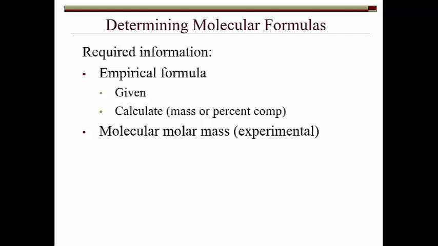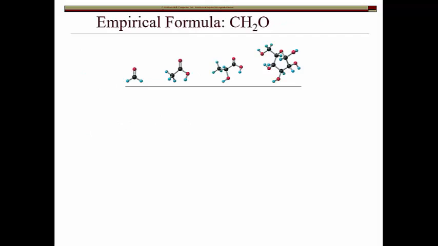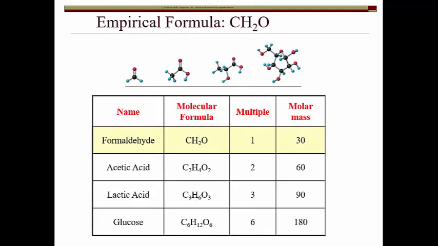Now let's see what the relationship is between the empirical formulas and the molecular molar masses. Back to our compounds again that we had before. You'll notice that for formaldehyde, its actual molecular formula is CH2O, which is also the empirical formula, and its molar mass is 30. If we multiply our empirical formula by 2 to get acetic acid, C2H4O2, what's going to happen to its molar mass?